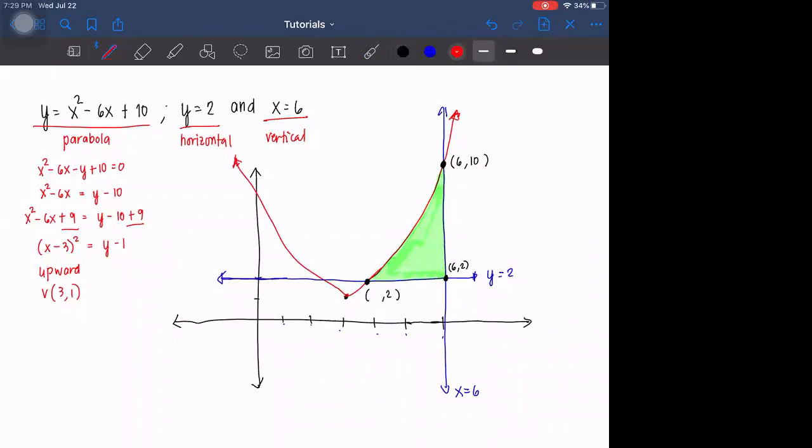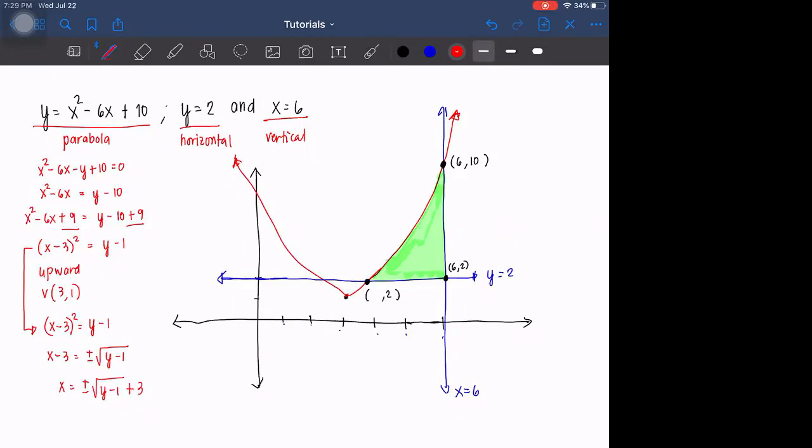So x minus 3 quantity squared equals y minus 1. If you extract the square root, x minus 3 equals plus or minus the square root of y minus 1, and x is equal to plus or minus the square root of y minus 1, plus 3.